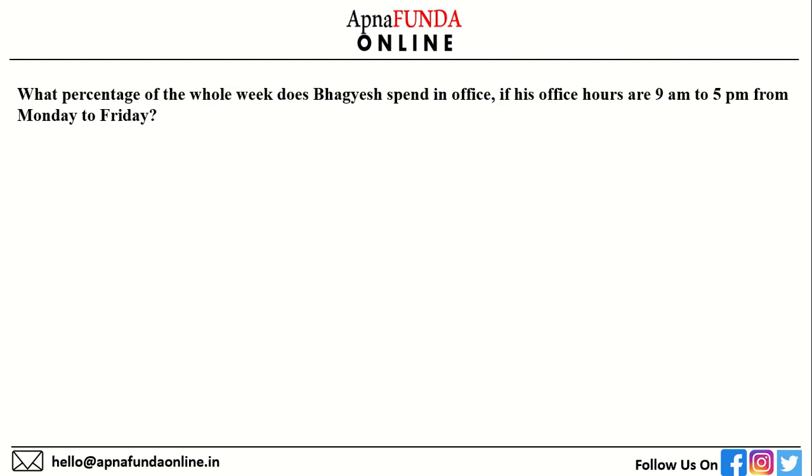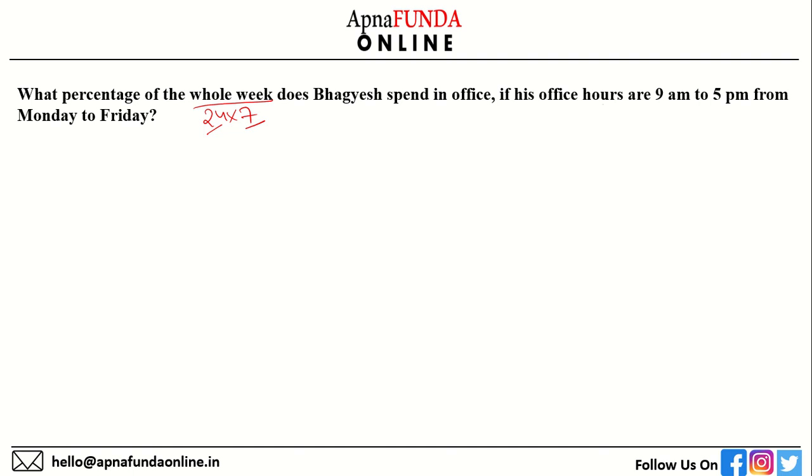Next question. What percentage of the whole week does Bhagesh spend in office if his office hours are 9 a.m. to 5 p.m. from Monday to Friday? What we are required to calculate is the whole week. Correct. So whole week is 24/7. Correct. 24 hours into 7 days.